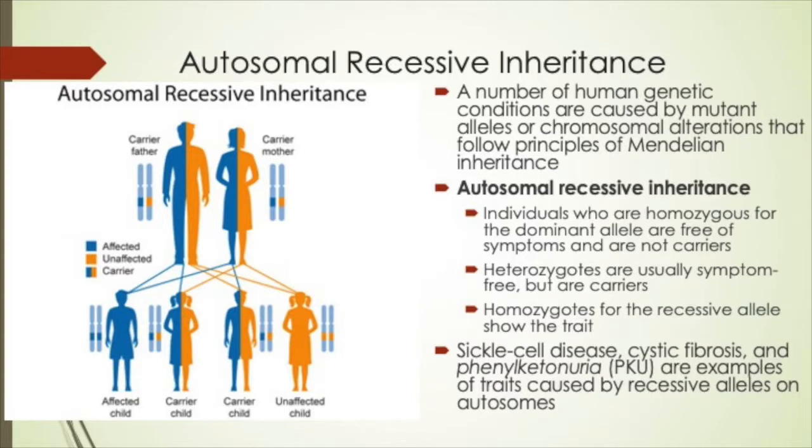There's a few other human genetic conditions caused by what's called mutant alleles in the chromosome alterations. And these will follow Mendelian inheritance. So one is called autosomal recessive inheritance.